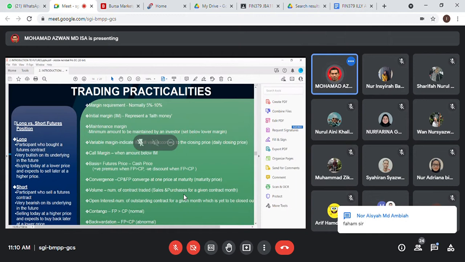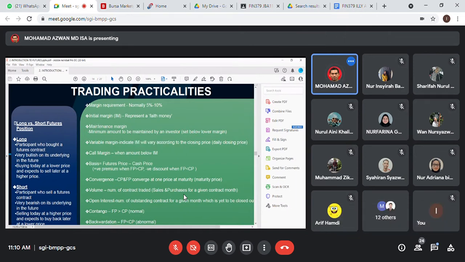Okay, what about if the amount falls below 8,000, falls below maintenance margin? What will happen to your trading account? Margin call. Call margin.